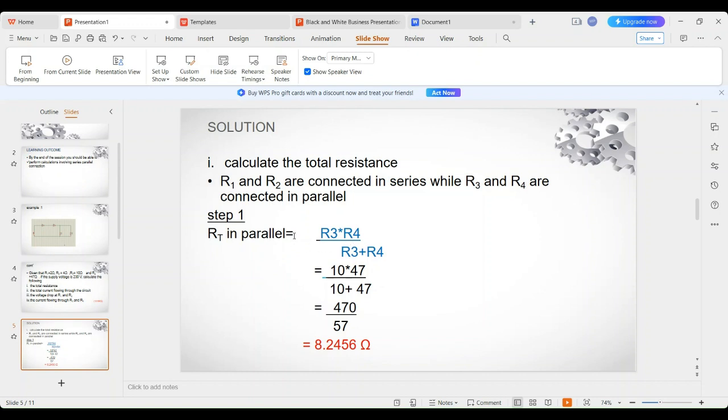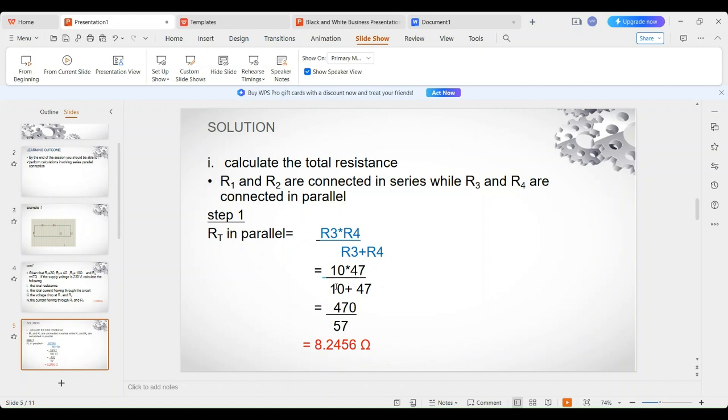In parallel connection, the total resistance is given by the product of the two resistances divided by the sum of the two resistances. R3 is 10 ohms and R4 is 47 ohms.